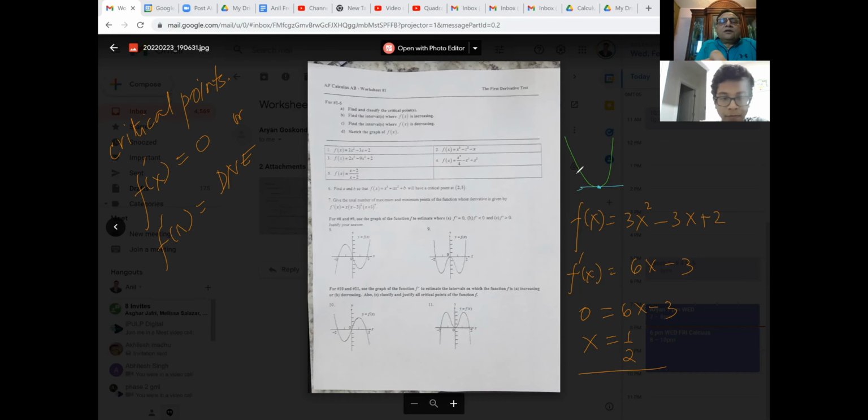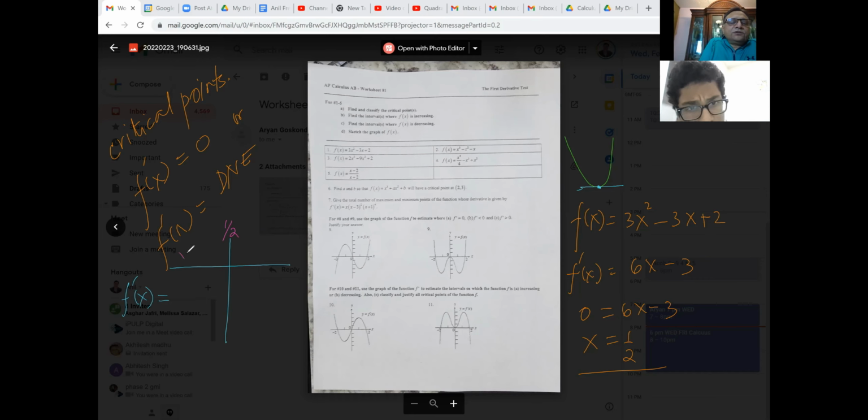Now, the question was to find the interval where the function is increasing. So you can actually analyze the derivative, right? So we have this derivative, which is equal to 6x minus 3. So let us analyze it. This derivative is 0 at which point? 0 at half, right? So let us take a point on the left side and a point on the right side of this.